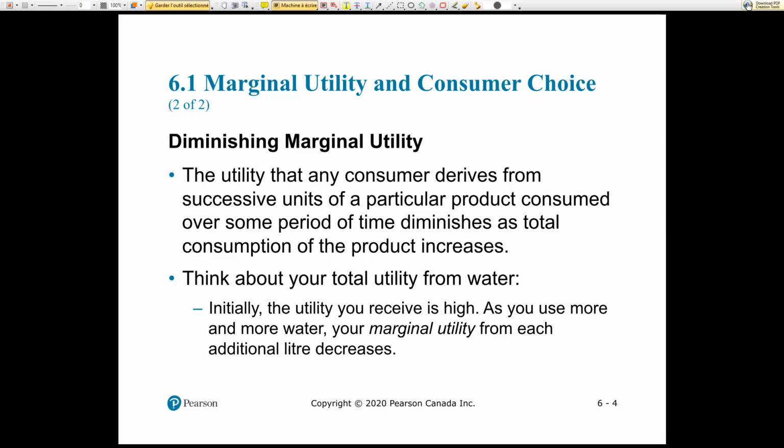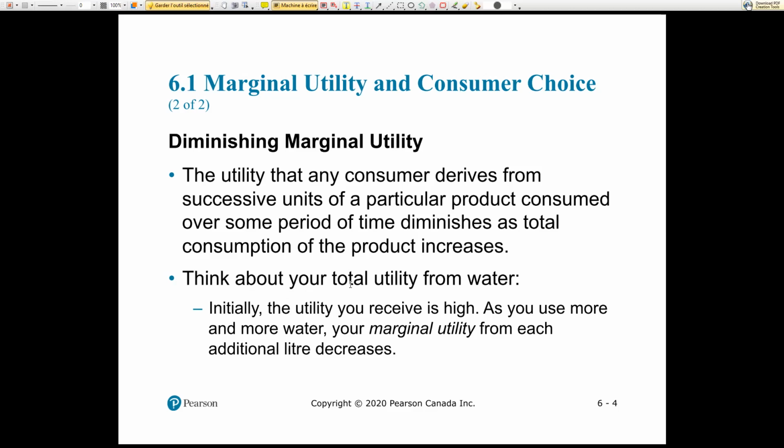So this is what we're claiming for most of the goods that we consume: when we don't have them, we really would like to start consuming them. But when you start consuming them, you get less and less extra utility out of it. So what are we going to do then?